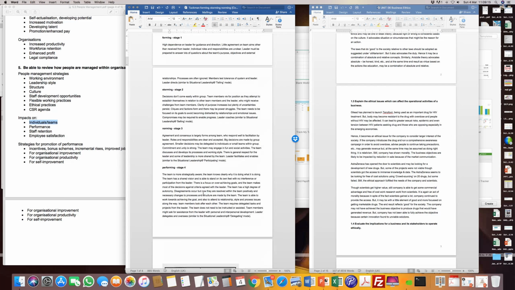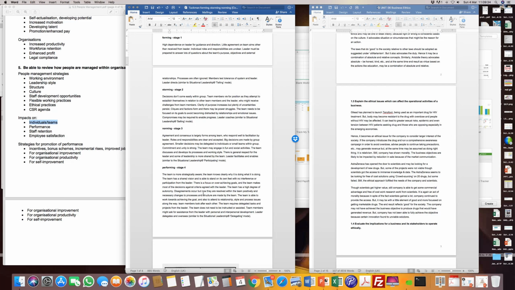In that performing stage, what you tend to see is that individuals will not only work within their role, but will also understand each other's roles quite well and see where that role contributes to achieving the overall objective.